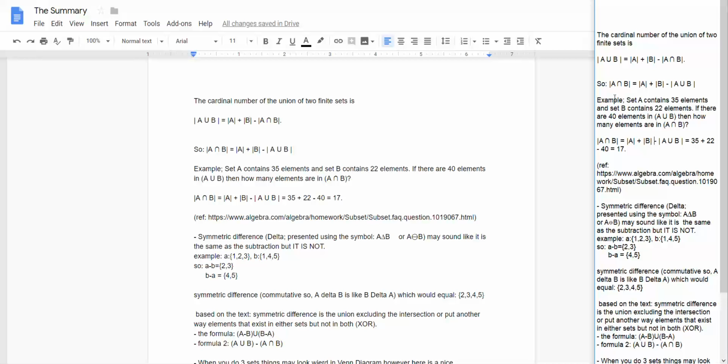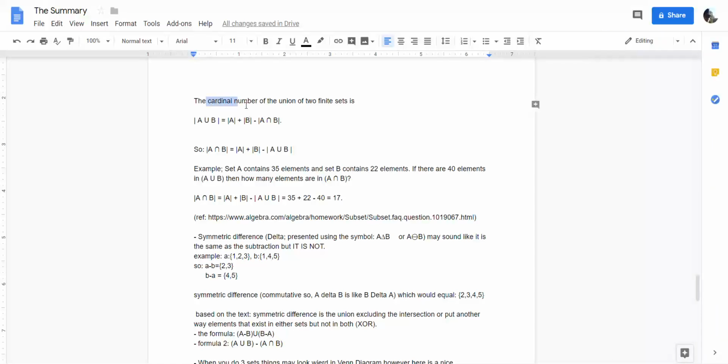So we learned about the cardinal number of the union of two finite sets. Basically, the cardinal number is just the number of elements in A union B. So this is what we mean by the cardinal number.